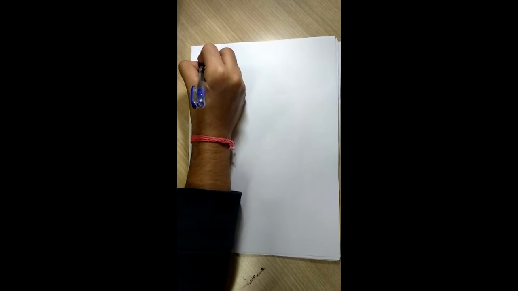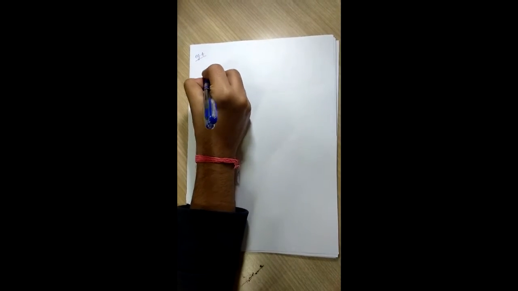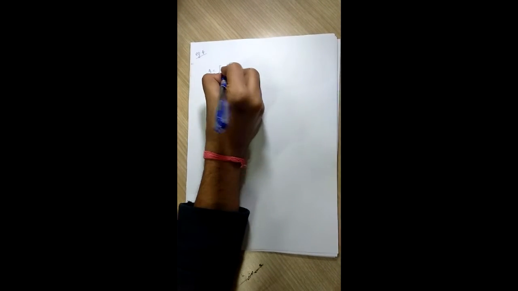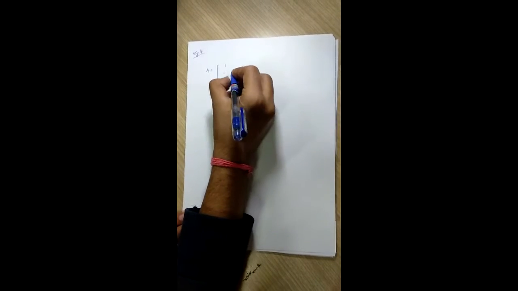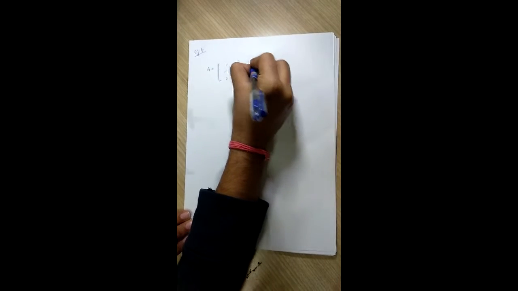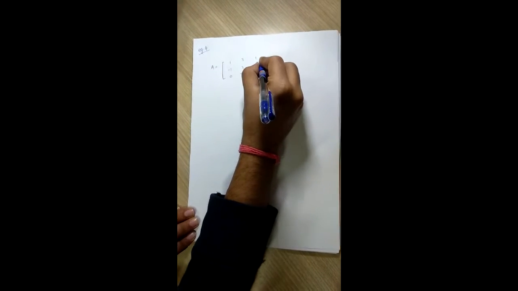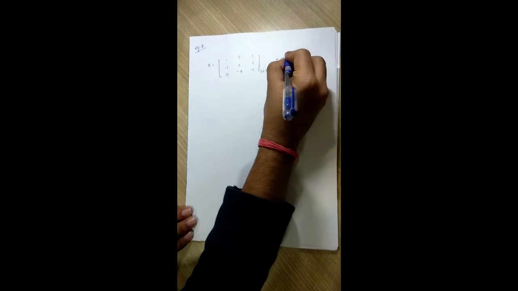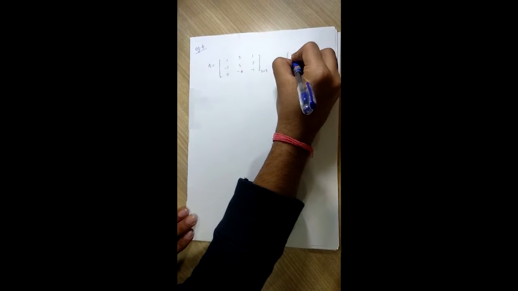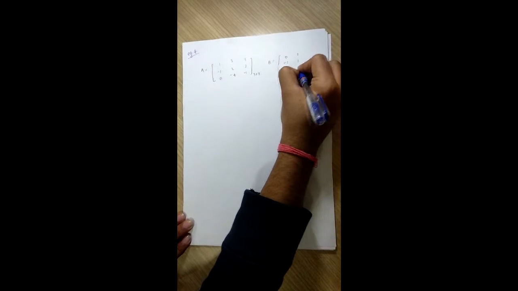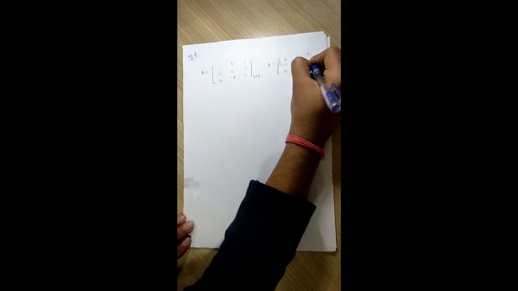Now let's take our final example, example number 4. Let's take a 3 by 3 matrix A with the elements 1 minus 1 0, 3 2 minus 4, 1 2 minus 1, and B is also a 3 by 3 matrix: 0 minus 1 3, 2 1 4, 5 minus 2 1.